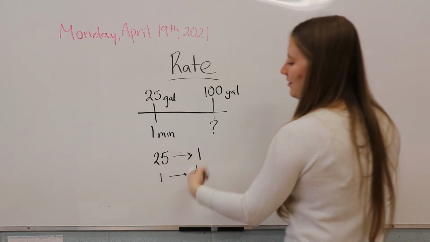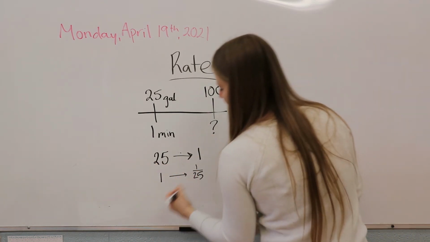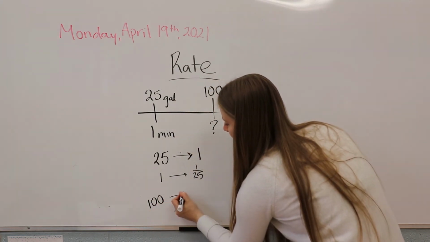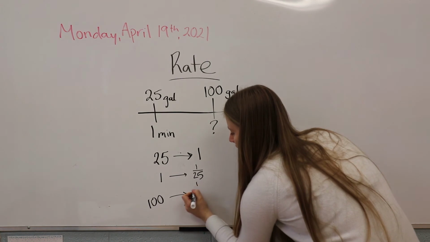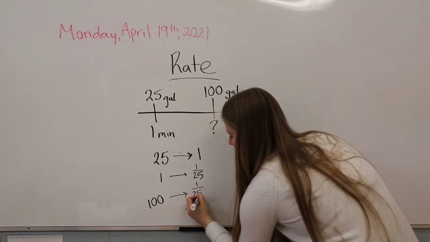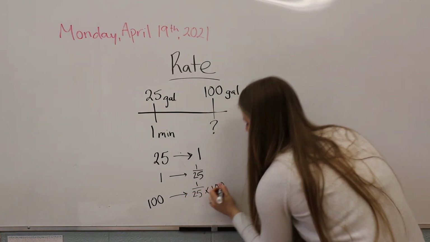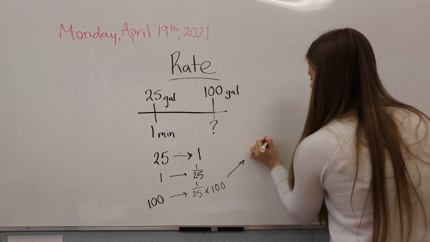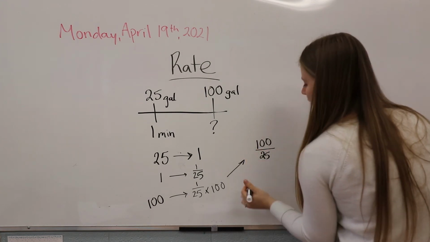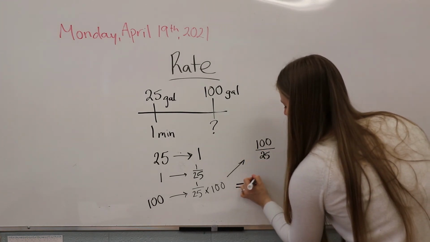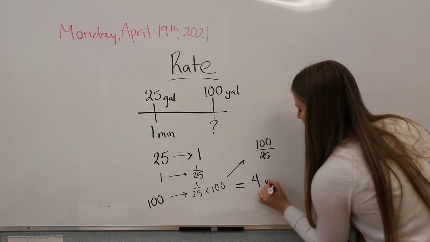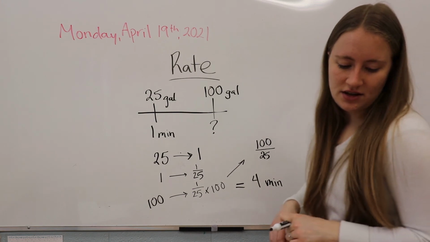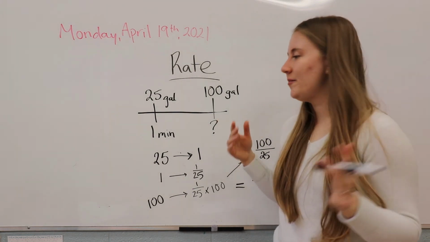Now that we have that information, we have what we need to find how long it takes 100 gallons. We're doing 1 over 25 times 100, which with our fraction work looks like 100 over 25 first, and that brings us to 4 minutes. So our answer is that it takes 4 minutes to fill the container.